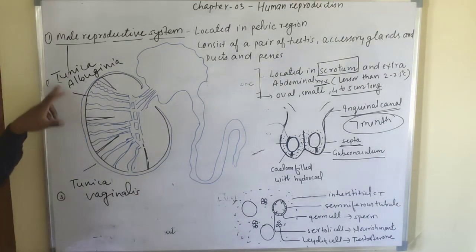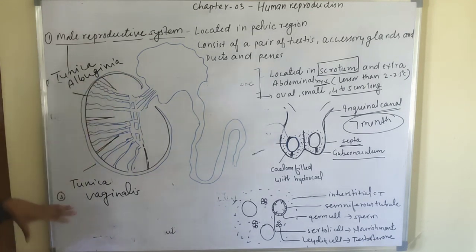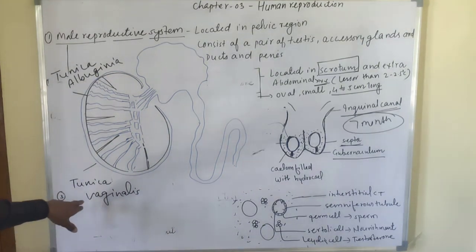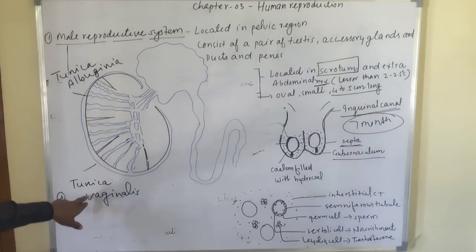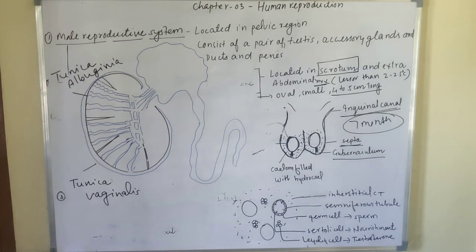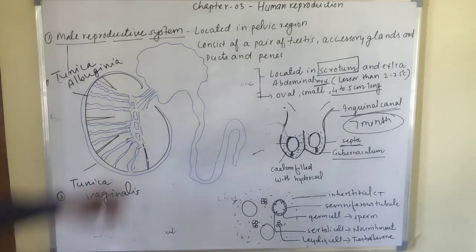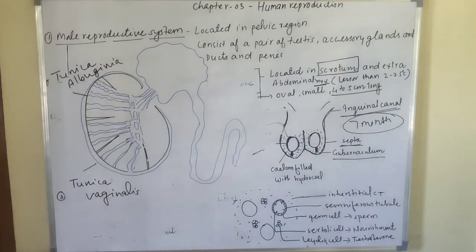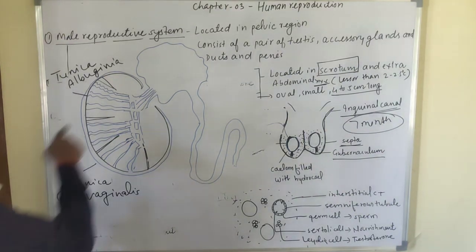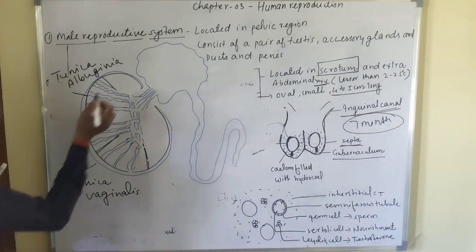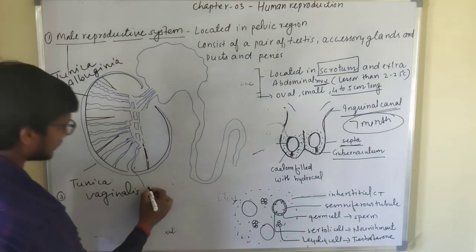This one is the inner layer, tunica albuginea. Outside this is tunica vaginalis. So we can mention here 2 layers. The outermost layer is tunica vaginalis, and the innermost layer is tunica albuginea.